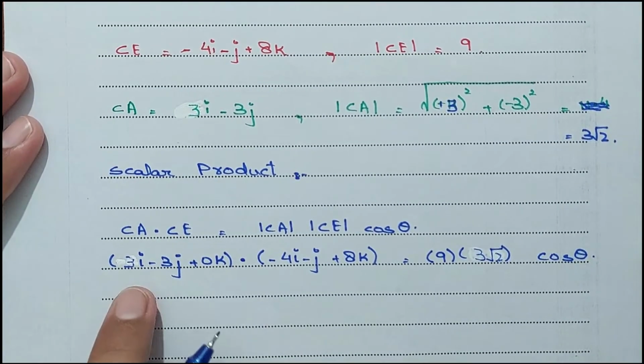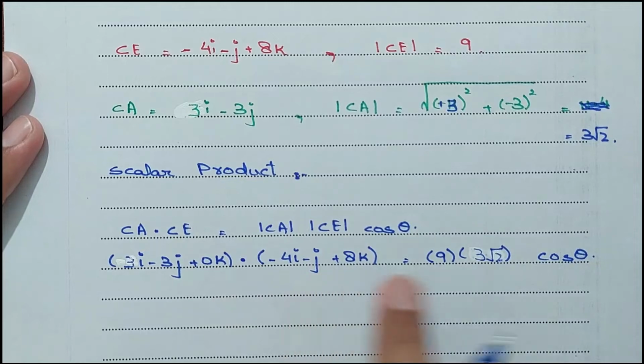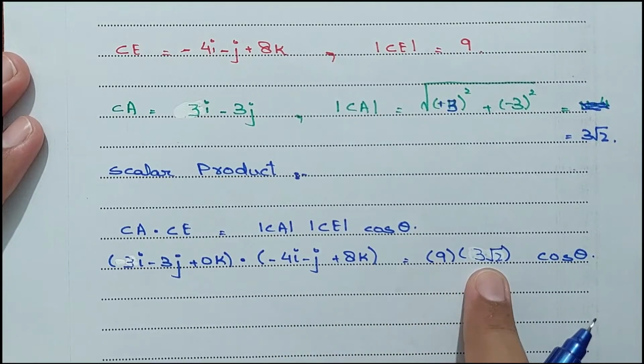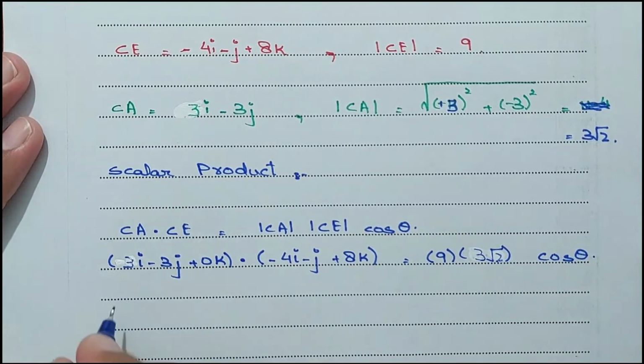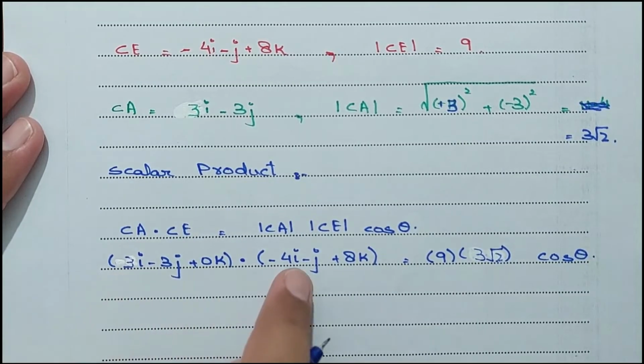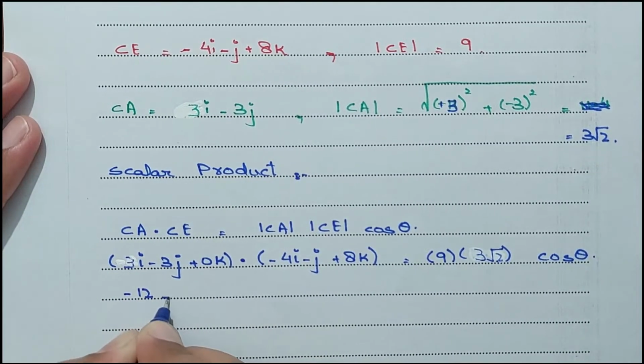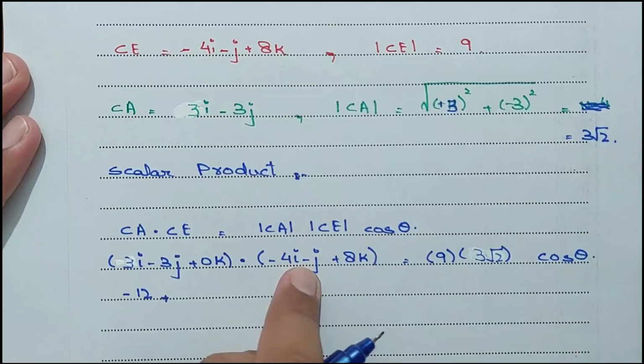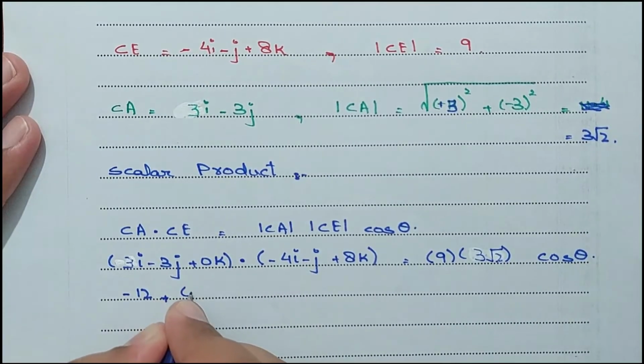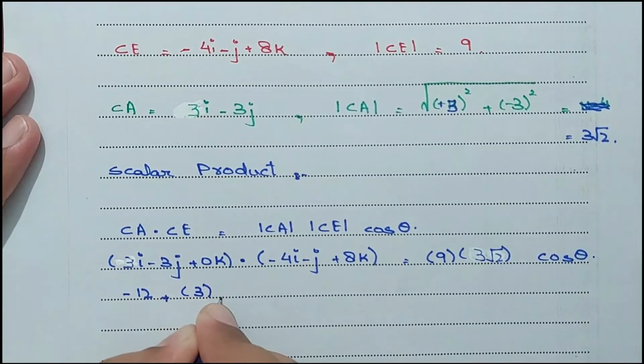All right, so CA dot CE, magnitude of CA, magnitude of CE, and cos of theta. All right, so dot product, I component is product with i. 3 times minus 4 is minus 12, plus minus 3 times minus 1 is 3, and plus 0 times 8 is 0.